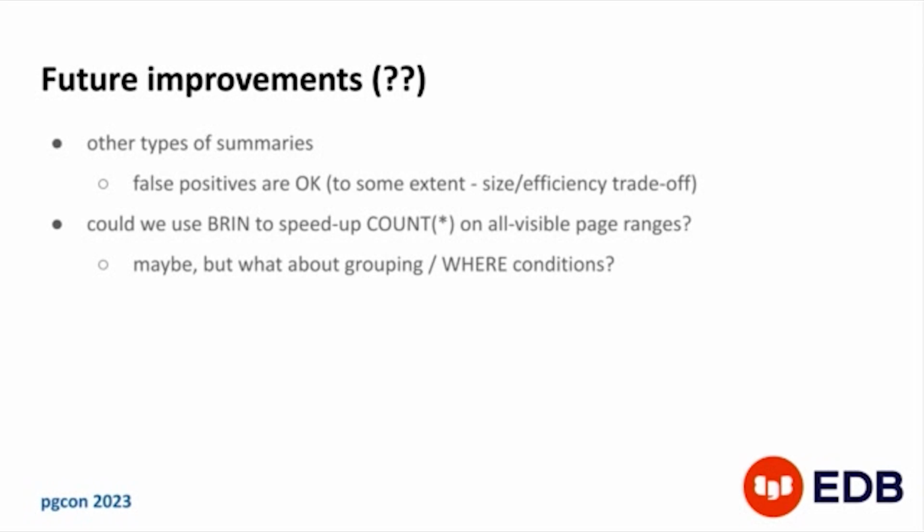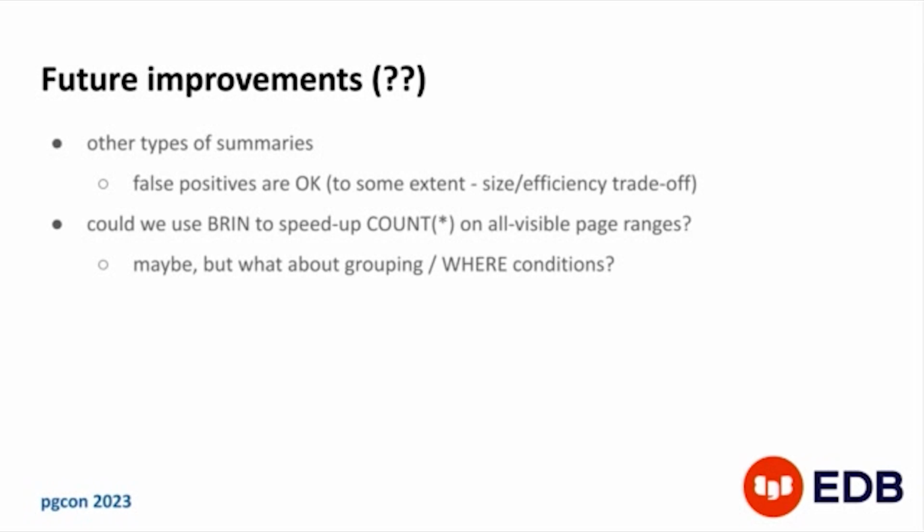Or maybe you could use BRIN to speed up count queries. So instead of keeping just filtering information in each range, maybe you could also have additional metadata that could be useful for answering questions like select count star.